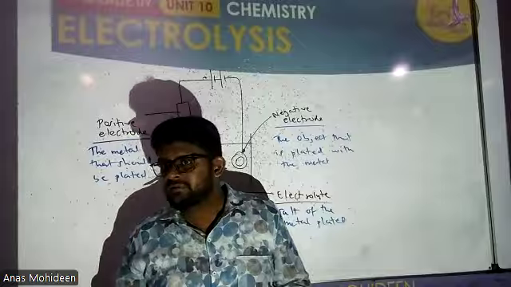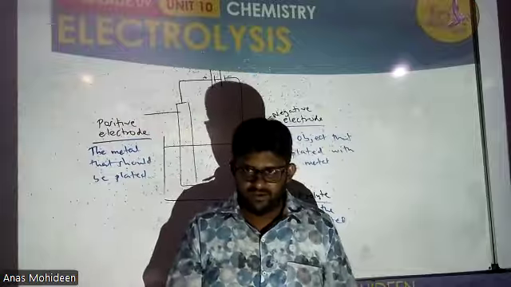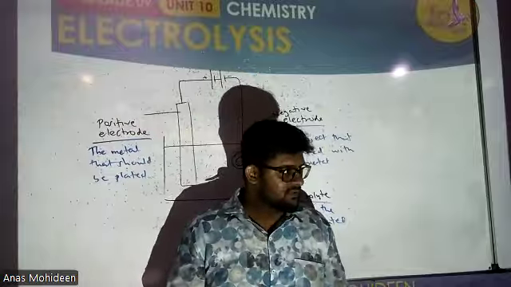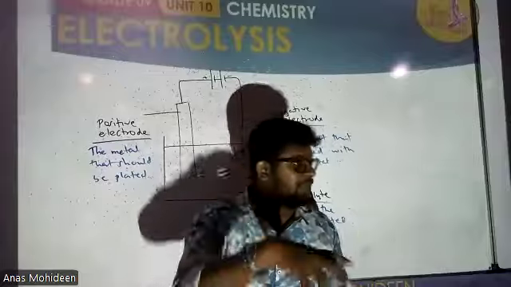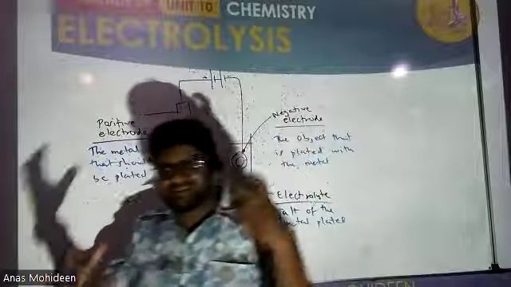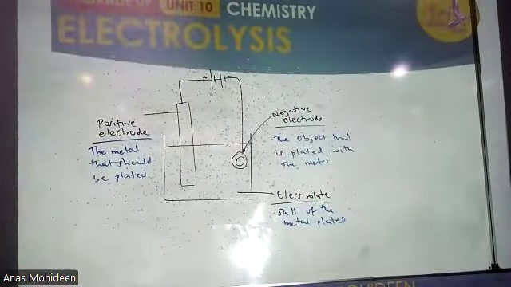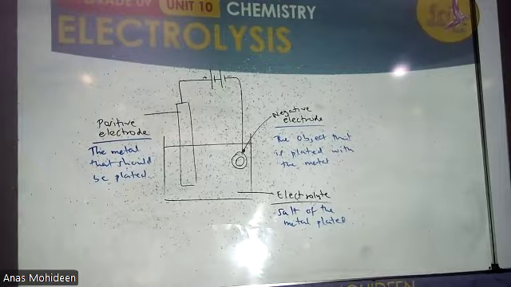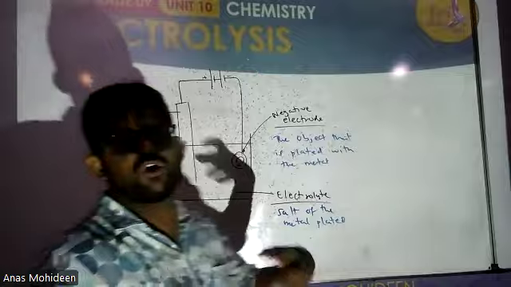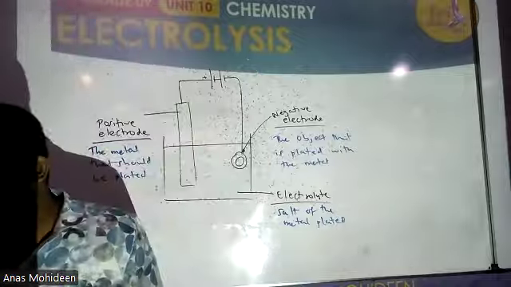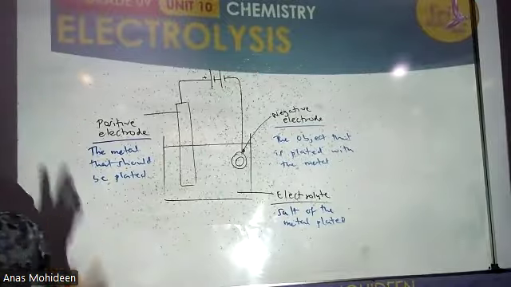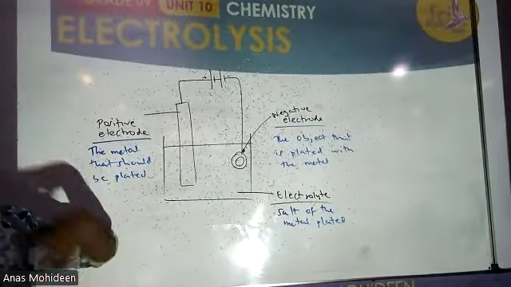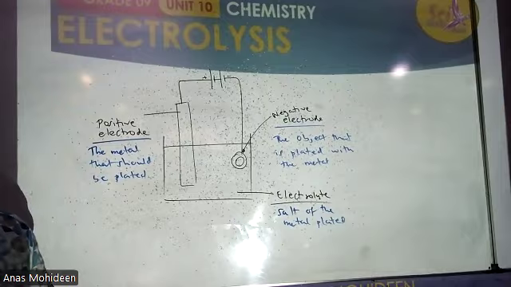So we plate gold, silver, nickel, platinum, some shiny surfaces. By doing so, we get a rich look, and we also make it resistant to corrosion. These are some purposes of electroplating.